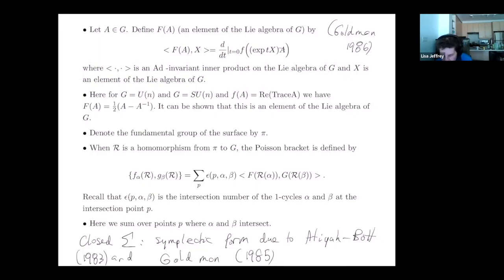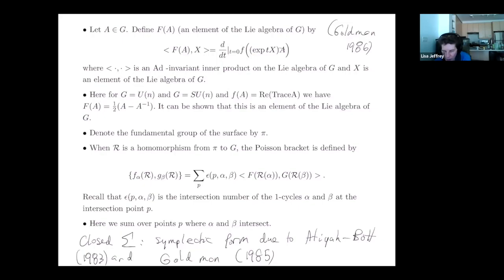Yes, it might be if you were using something like U(1), which is not semi-simple. But there are cases where we are restricting to semi-simple.